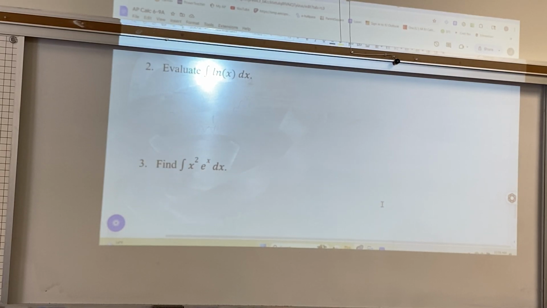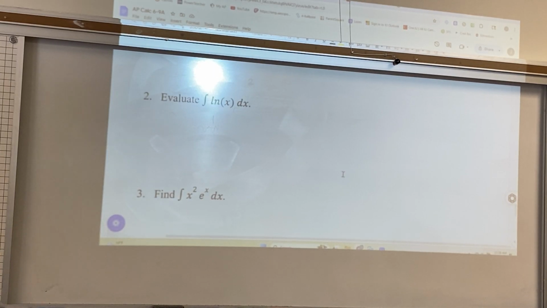Maybe we'll do 3 today. I don't want to do them all. Let's see, I've got the integral of the natural log of x dx. What do I have to take the derivative of to get natural log of x?